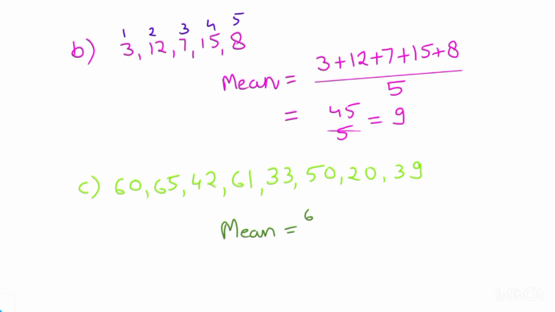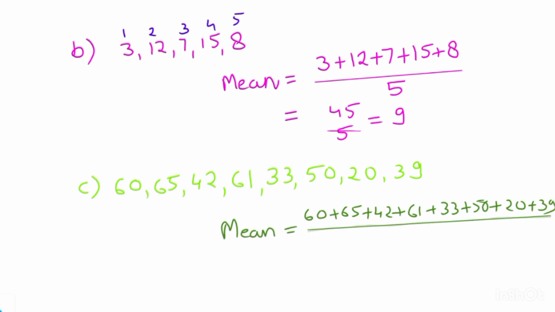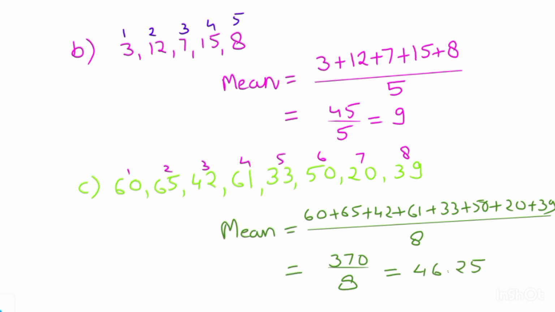So let's add 60 plus 65 plus 42 plus 61 plus 33 plus 50 plus 20 plus 39, divided by the number of numbers. How many numbers we have? 1, 2, 3, 4, 5, 6, 7 and 8 numbers. So this is divided by 8. On adding we will get 370. You can use the calculator. 370 divided by 8 will give 46.25. So this is the mean of the given data set.